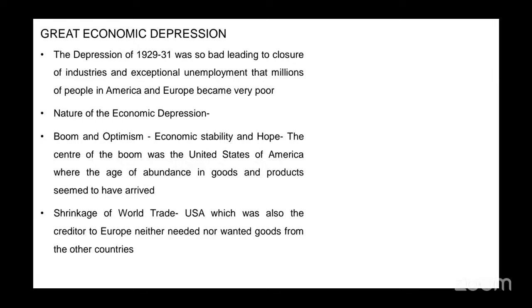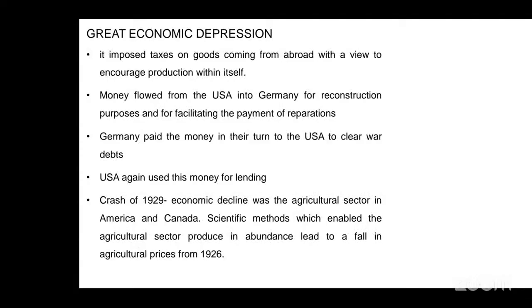Now, the shrinkage of world trade. The USA, which was also the central creditor of Europe, neither needed nor wanted goods from other countries, because Europe also had its industrial revolution, right? So why would it import things from the USA when they can be created in their own nation? This led to the shrinking of world trade because these countries were themselves capable of producing those things.